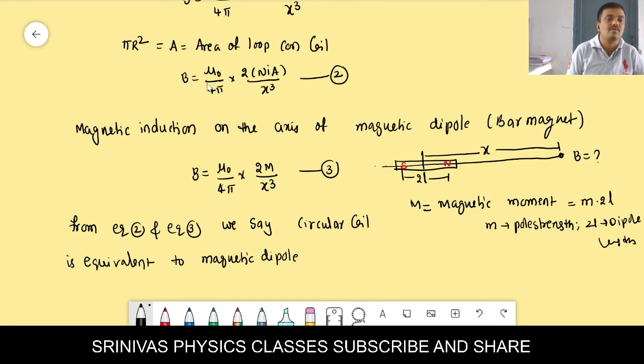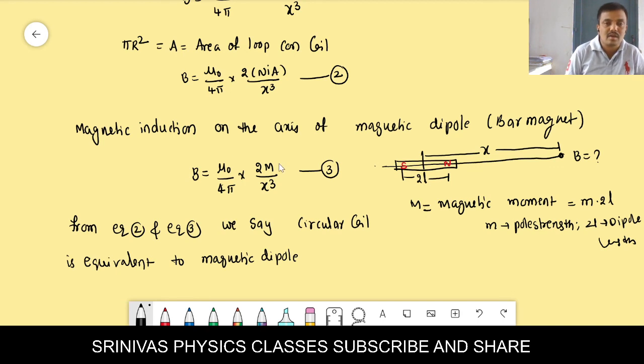Both are the same. Mu naught by 4 pi is there, x cube is there, 2 is there, m is there, here NI is there. This is for the circular coil, this is for the bar magnet, both are equal, because the formula is similar.